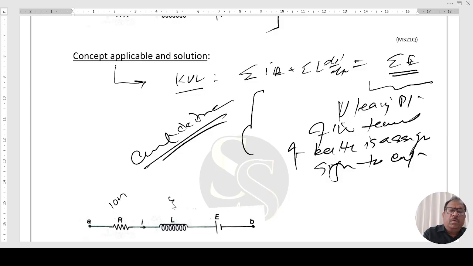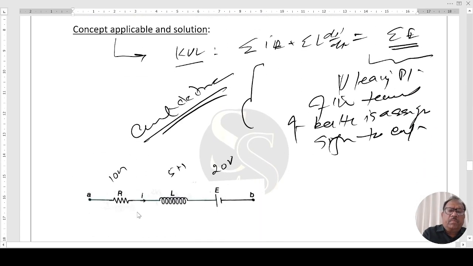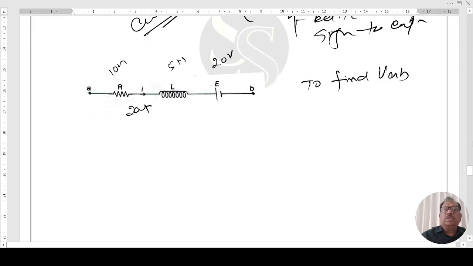10 ohm, 5 Henry, E is 20 volt, I is 2 ampere. We have to find VAB. Now in this case, current is passing from this to this.